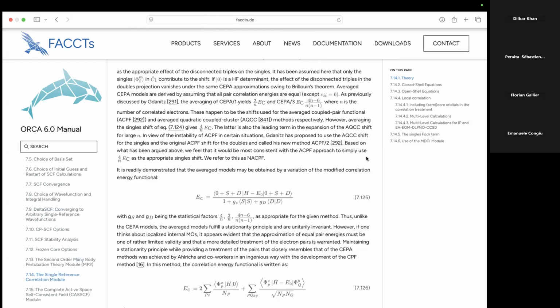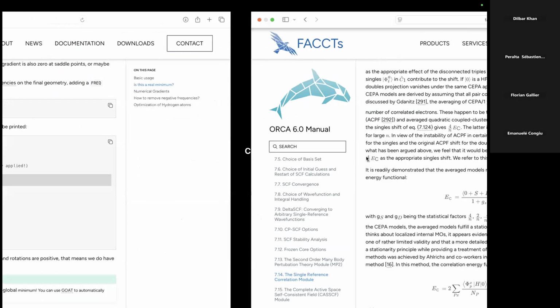Okay, there is a question about imaginary frequency. If you get an imaginary frequency, how to avoid it? Oh yeah, okay.